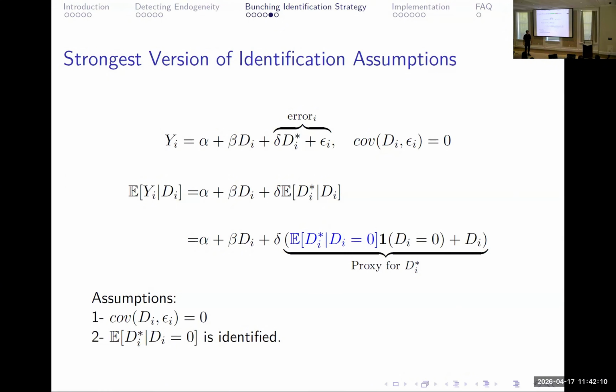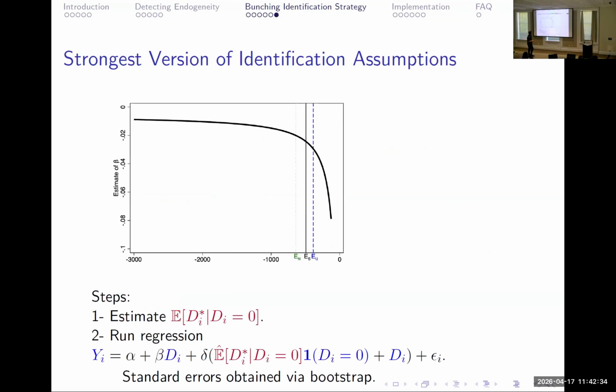Let's guess 0.2, 0.3, 1, -10, -1,000, -5 billion. You can always guess that, and after we guess that, we can just run a simple regression of the outcome on a constant, on the treatment variable, and on this new proxy variable that I just happened to observe for that guess I gave. And that's exactly what we do in this plot here.